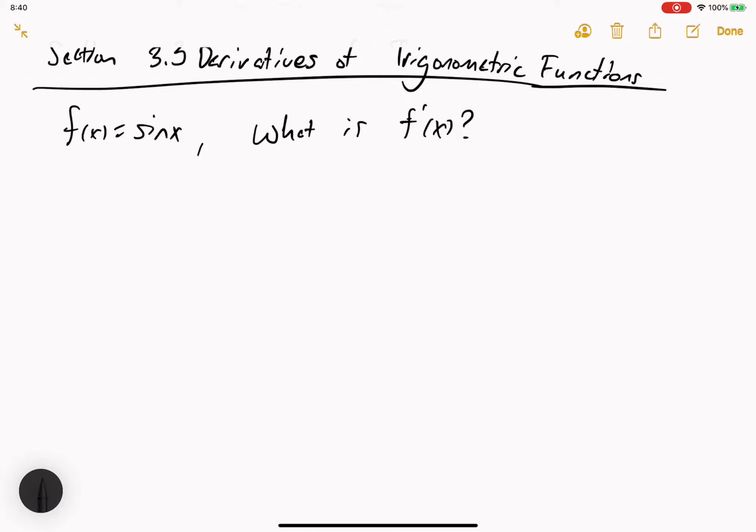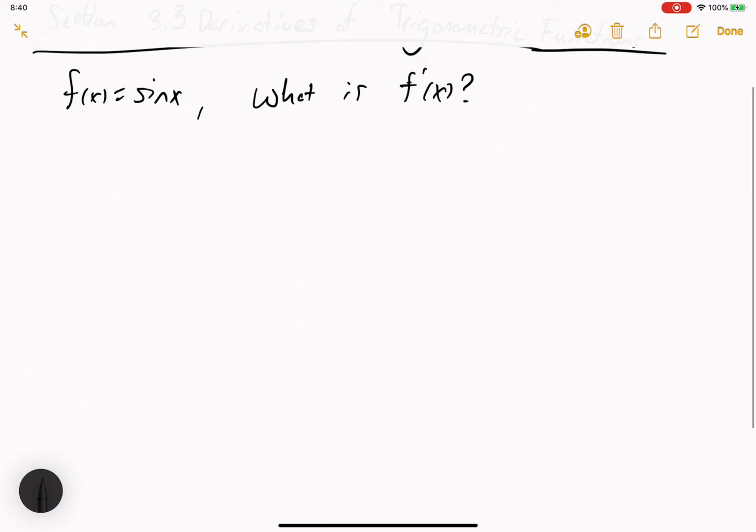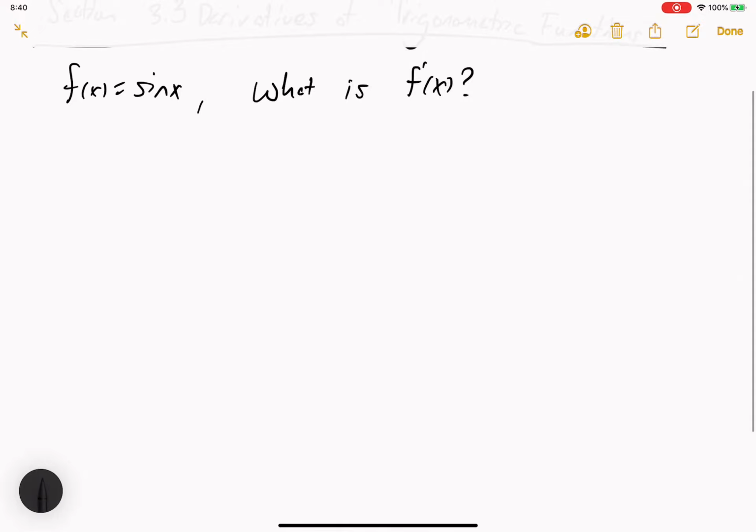So, the first thing that we can do is try to hypothesize what it is. Like, what is f prime of x? But, we can try to guess from the graph, actually.